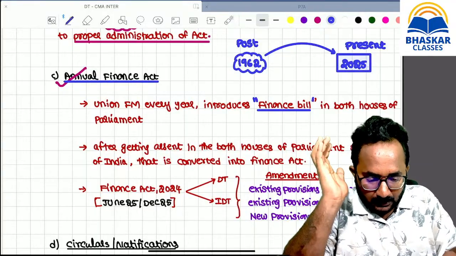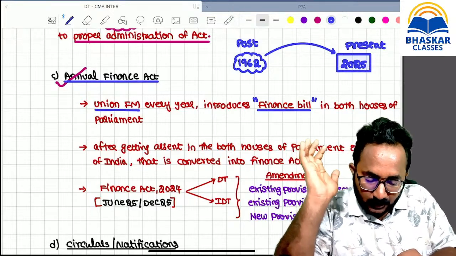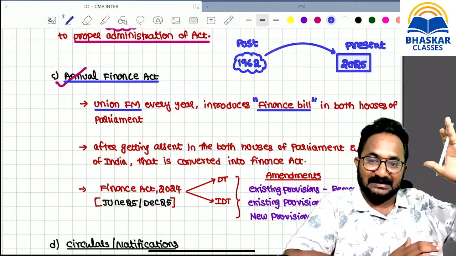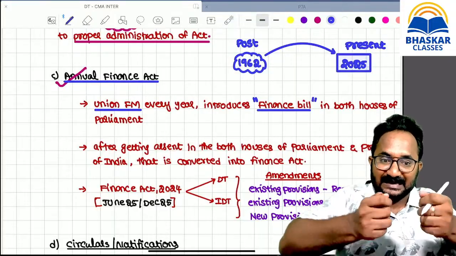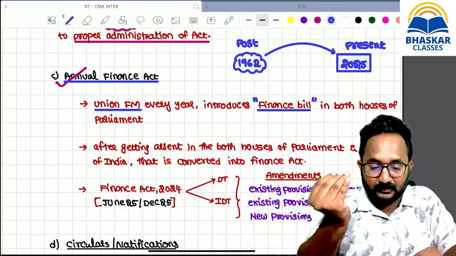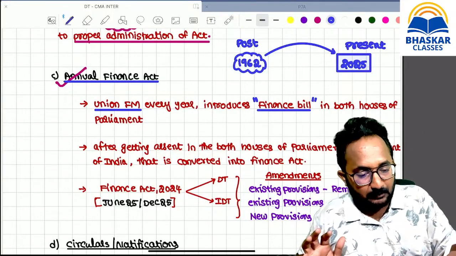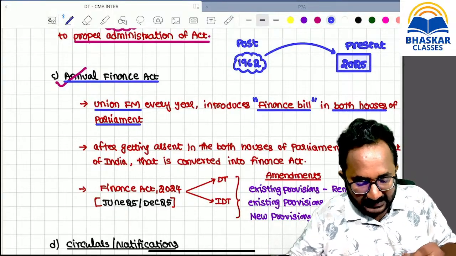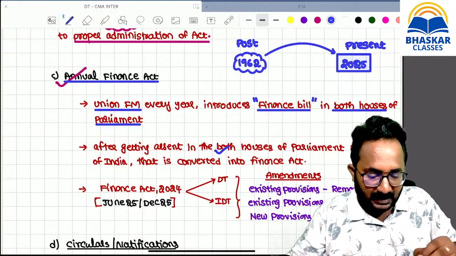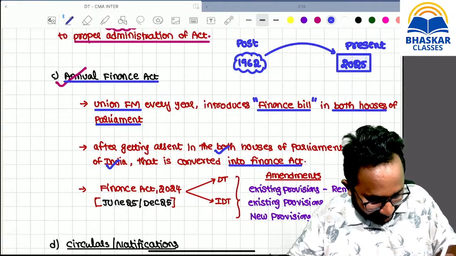So the Union Finance Minister needs to introduce one finance bill containing the proposed changes we have to make every year. It must get assent in both houses of Parliament, Rajya Sabha and Lok Sabha. After getting assent in both houses of Parliament and from the President of India, that bill is converted into the Finance Act.